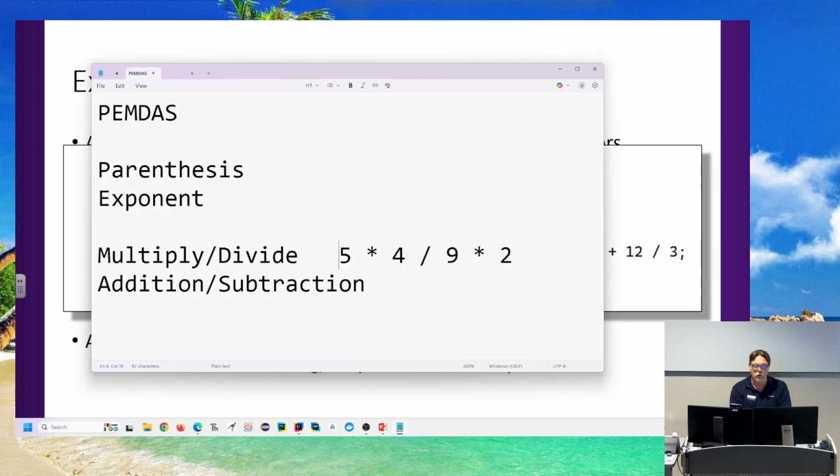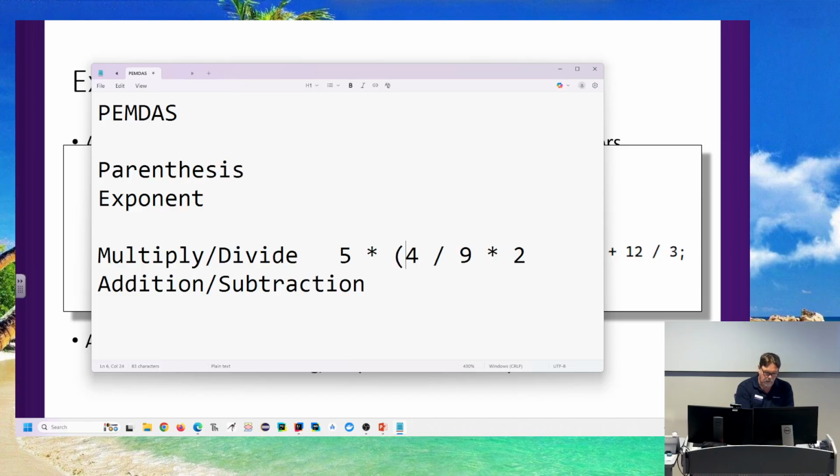Since there are no parentheses, we would just do this from left to right. We do 5 times 4 is 20, 20 divided by 9 is whatever that is, and that times 2. And that's how we would evaluate that expression, right? Left to right, because there's no parentheses.